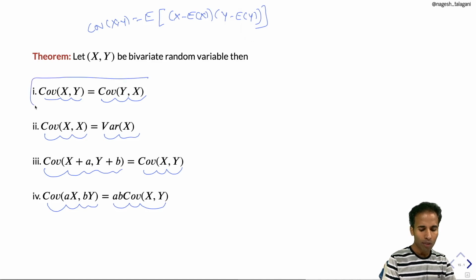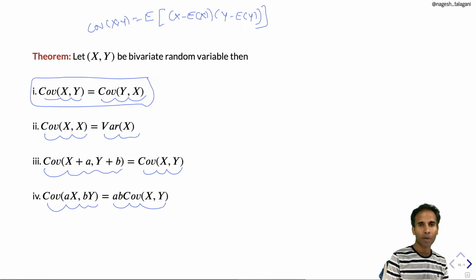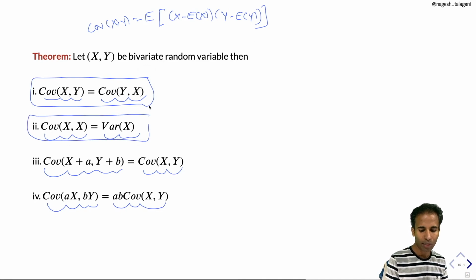Obviously, we should have covariance of x comma y the same as covariance of y comma x. If you take y equal to x, the right hand side becomes expectation of x minus expectation of x whole square. So that should be variance of x. So this is also clear. Similarly, you can verify 3 and 4. Okay. So feel free to verify. These are easy. They just directly follow from the definition.